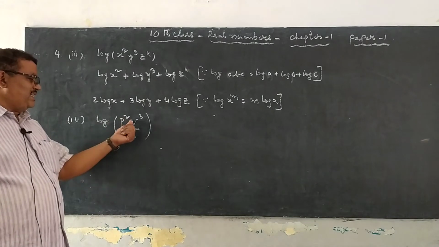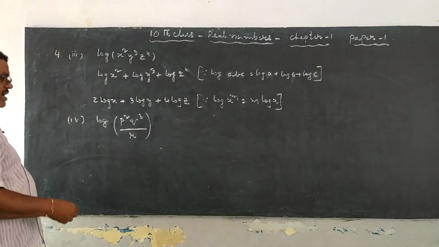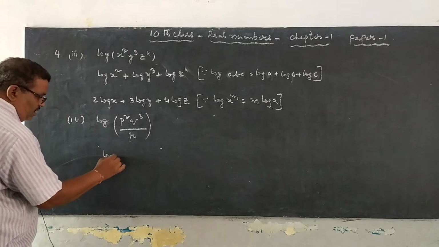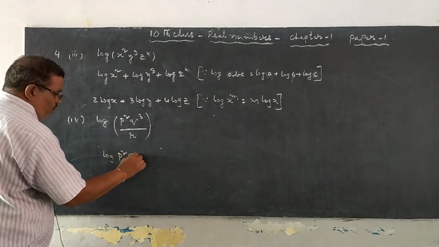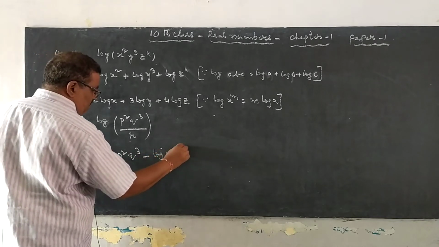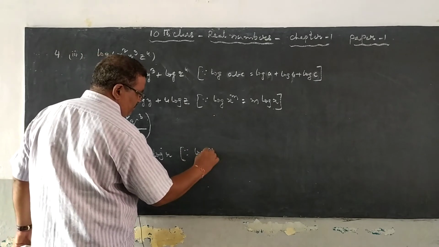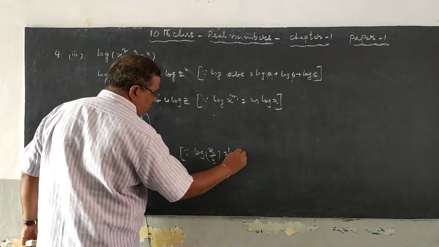So log x by y. The log x by y formula, you already know, is log x minus log y. So log p square q cube minus log r, from the supporting formula log x by y equals log x minus log y.